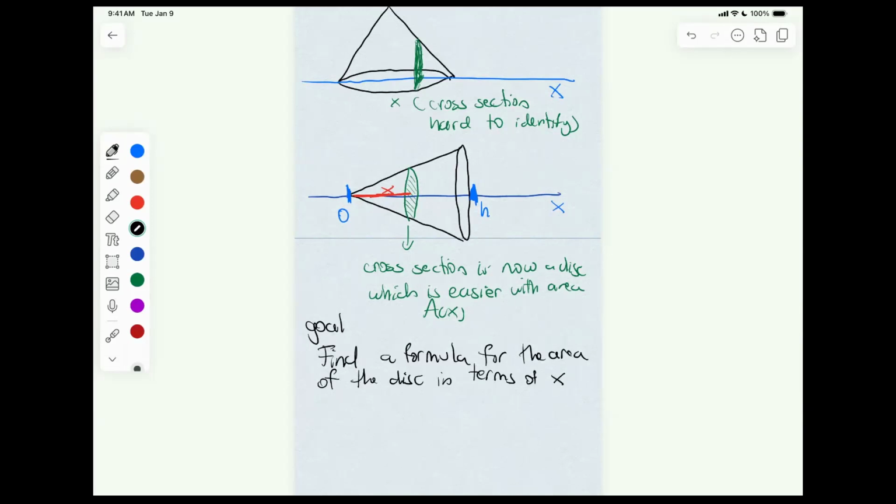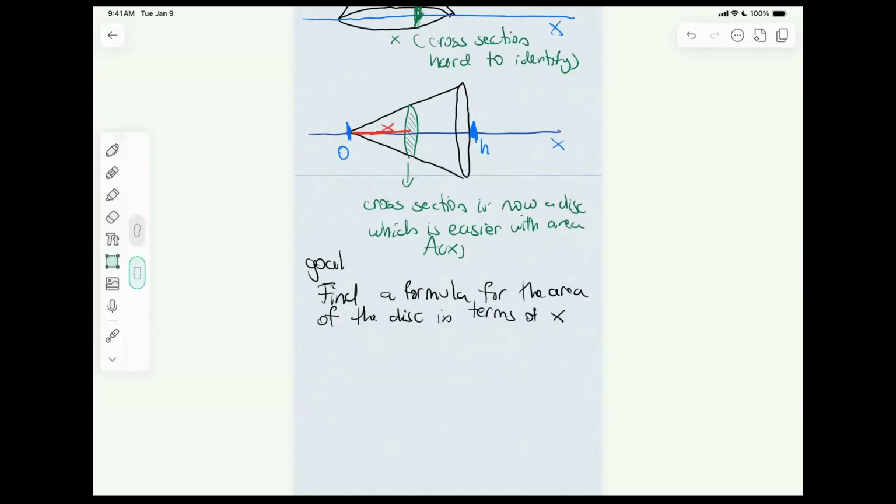Is that making sense? It's not super obvious at the moment because x is the distance to the origin. You know the formula for the area of a disk in terms of the radius of the disk. So even if it's adding extra variables, it does make sense to include a new variable which refers to the area of this disk, just because it makes your life easier at the beginning. It's like changing the problem into something more manageable.